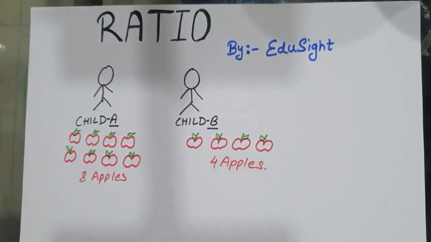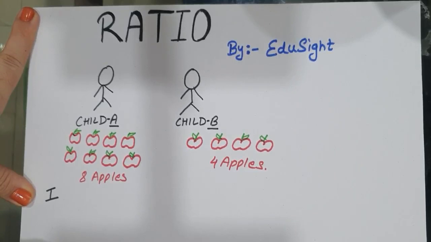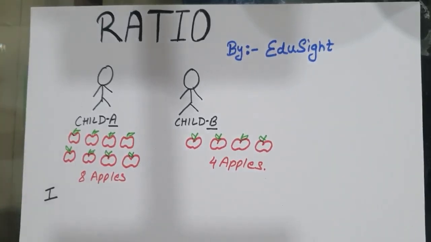Now I want to compare which child is having more and which child is having less apples. So for the same, the first method that I can go on with is by finding out the difference between the two.